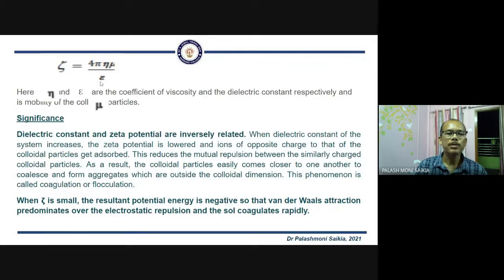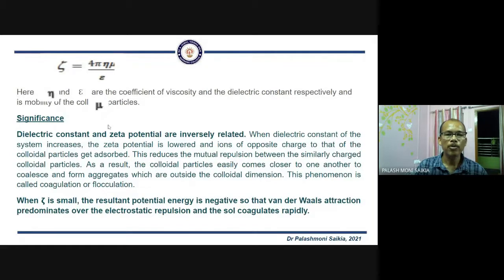So zeta potential depends upon viscosity, mobility, and the dielectric constant of the system. One thing is clear in this expression: dielectric constant and zeta potential are inversely related.